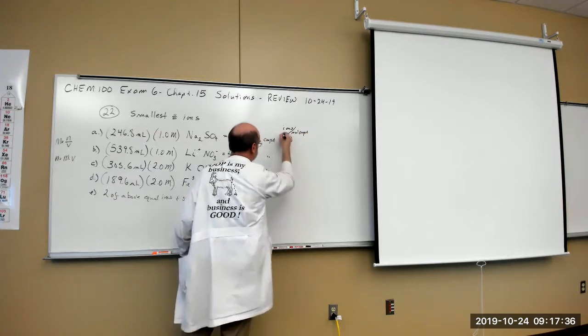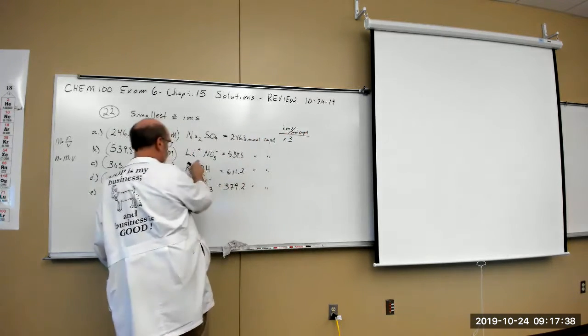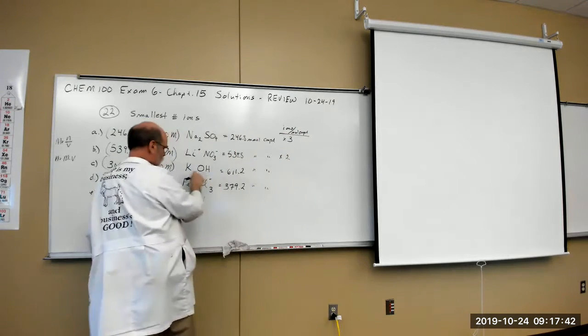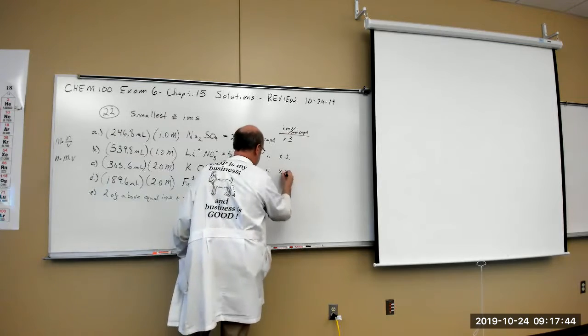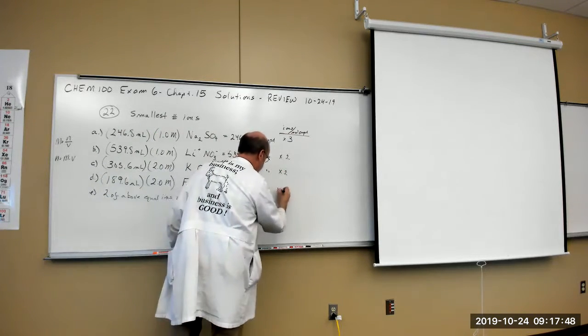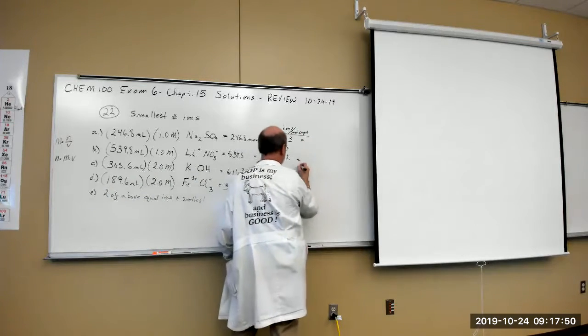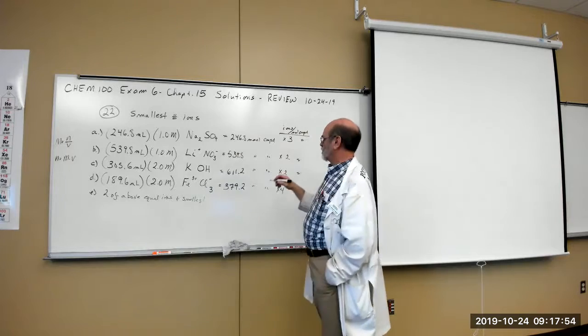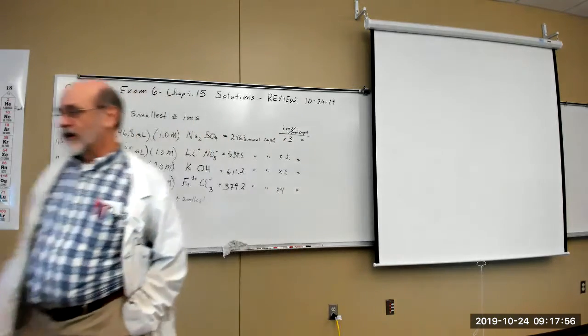Yeah. This one produces only 2. This one produces 2. Means this one produced 4. Now we can compare ions. So I don't want to have to do that one in my head.